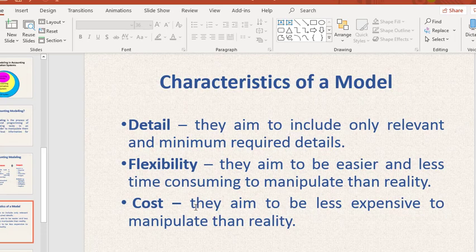Then cost: an accounting model aims to minimize your cost, because by saving your time and effort, we are going to save our cost, right? So these are some of the key characteristics of accounting models. Mainly, it is very user friendly, it provides required information, and it is very flexible and very convenient to operate, right?